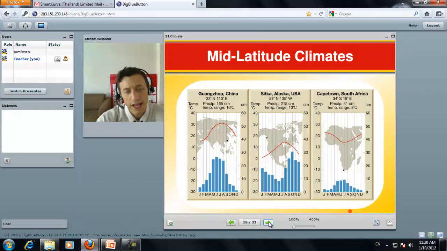So with that in mind, let's look at the climate in 3 different cities. The first city, Guangzhou, China, 23 degrees north latitude, so it's right on the edge of a tropical and temperate zone. And it's also right on the coast.